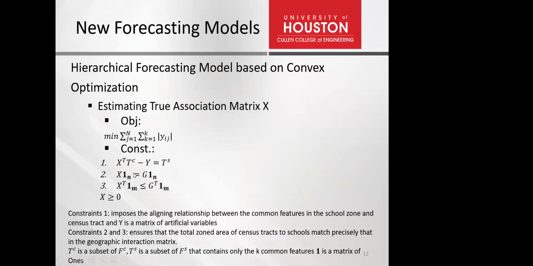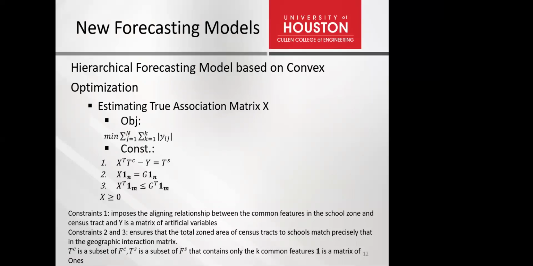Then we have these two constraints, which maintain the structure of this G matrix. So while we are imposing this alignment, we do not want the estimated and the actual matrix to vary too much in their structure.